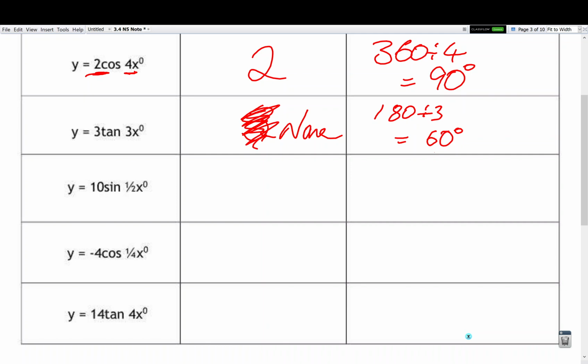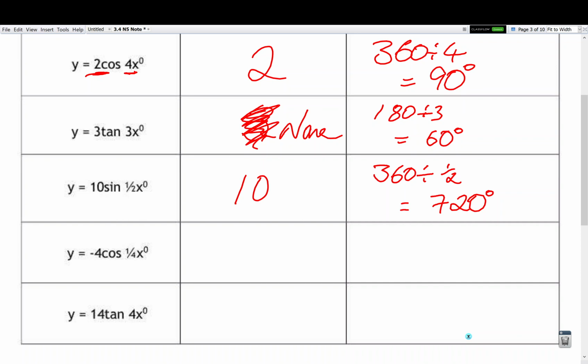Okay, back to sine in the next one. 10 sine a half x means an amplitude of 10. A half x means 360 divided by a half, which is the same as 360 times 2, so it's actually 720. So there's only half a wave within 360.